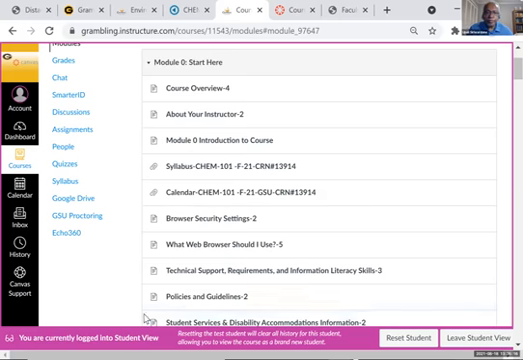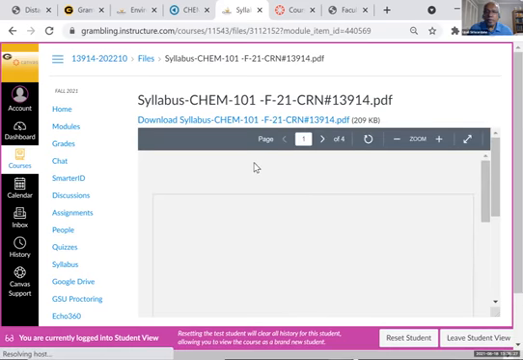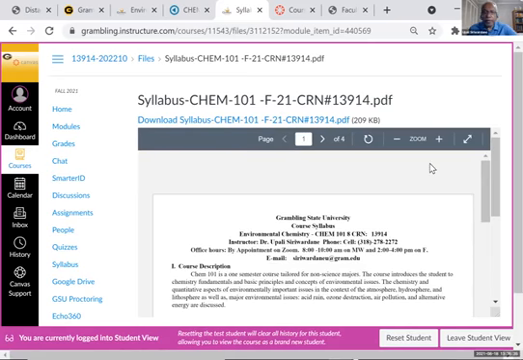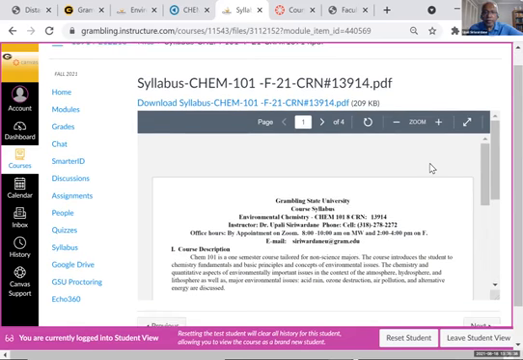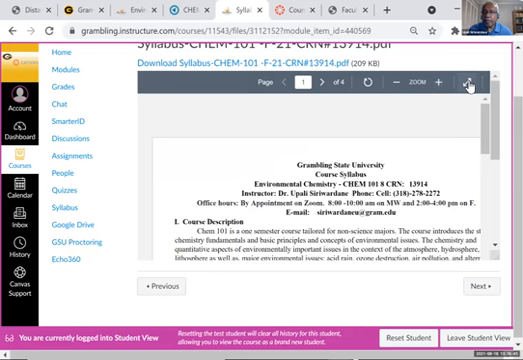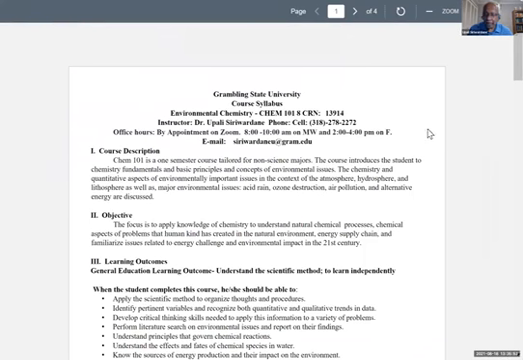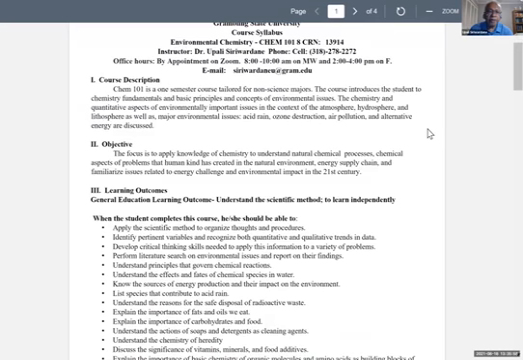Now I'm going to go through the syllabus first. Go to syllabus, you will see a page like this. You can make it bigger like this. And basically, it describes the course.